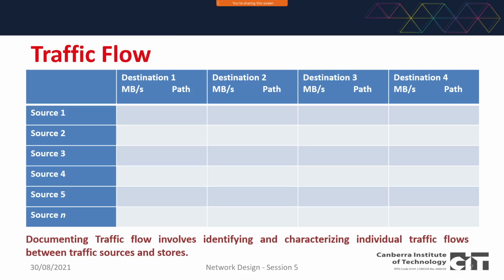Now, when we're characterizing traffic flow, there are certain things we need to check. The first thing is where the traffic is coming from and where the traffic is going to. If we understand that, we can characterize the traffic as relying on download or upload speeds.